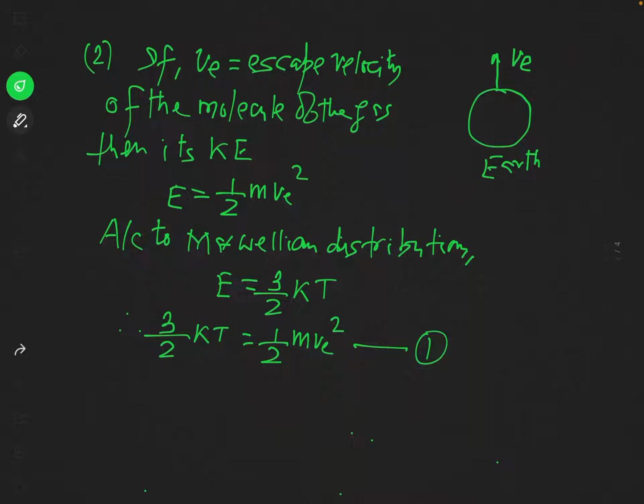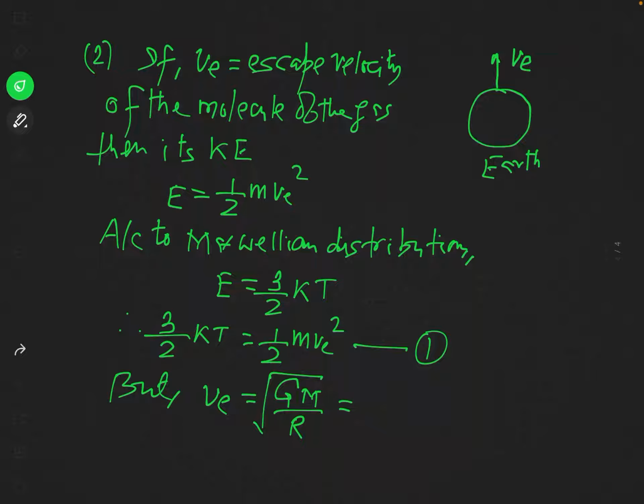But now you know the expression for the escape velocity of a particle from the gravitational field of any celestial body. This escape velocity VE is equal to the square root of GM/R. Here G is the universal gravitational constant and M is the mass of the celestial body.